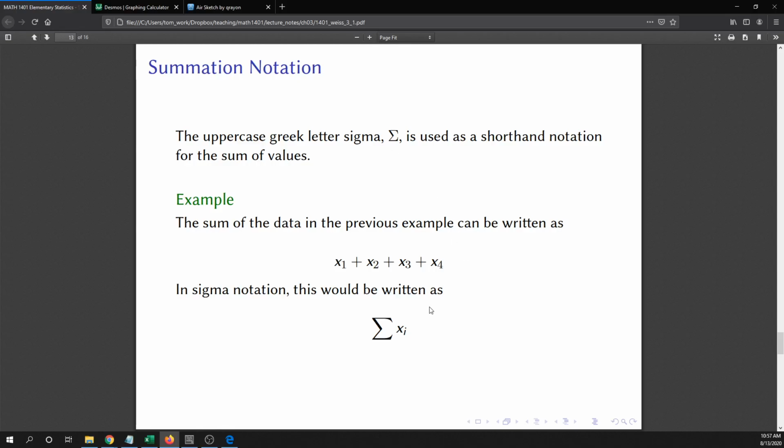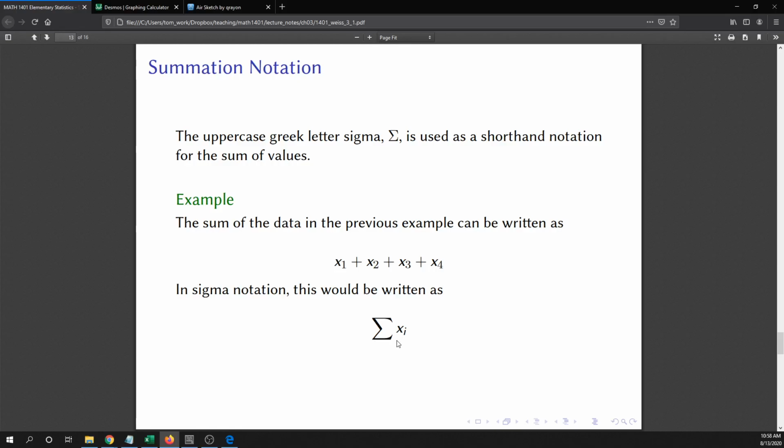Sigma notation is an even more compact way. You put this Greek letter sigma, and all you have to think about is that it's telling you to add up, and then x sub i. This is the variable x, and it's got a subscript, so that would indicate a value. So really all this notation is saying is add up all of the observations.